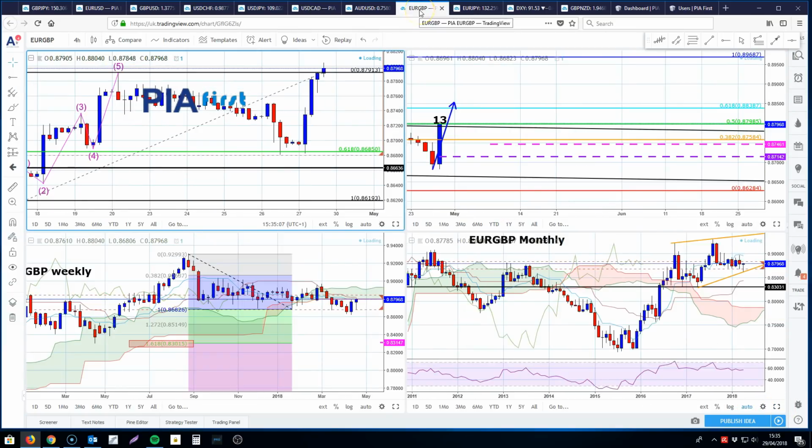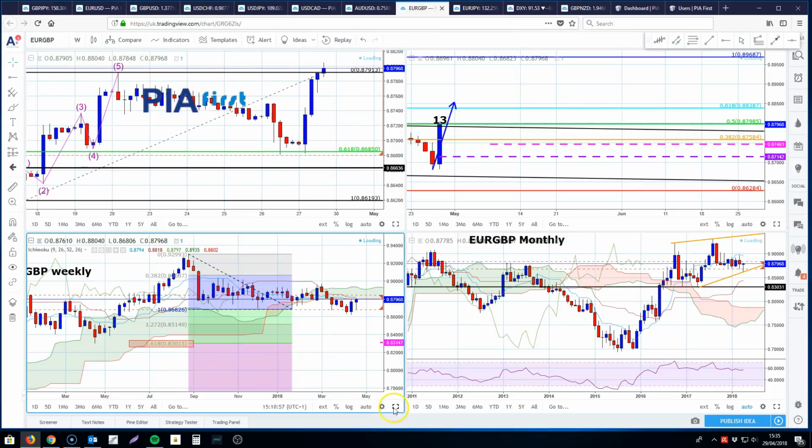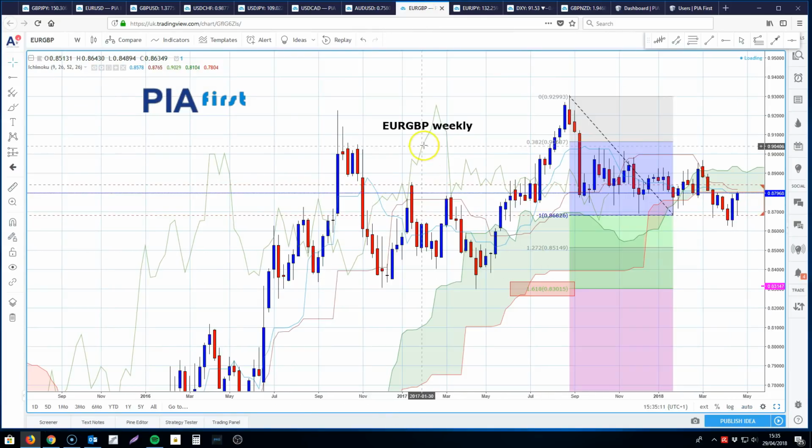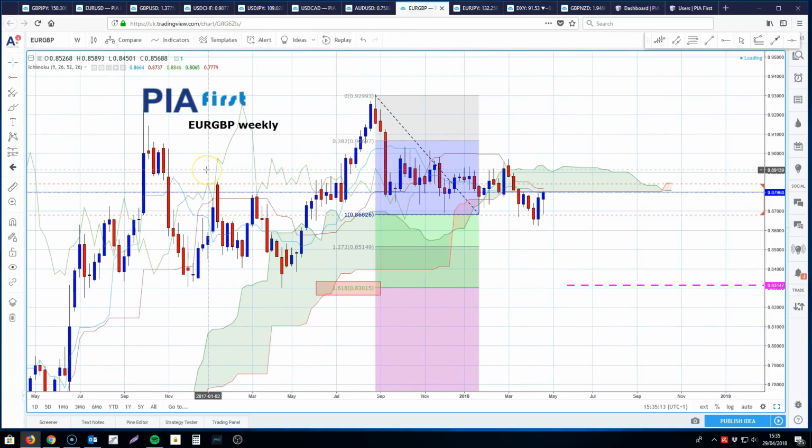Euro sterling, just going to go to the weekly chart, because this is the most interesting, if you like, of all the time frames. Here we've got the 161.8% extension level at 83.01, okay, and that is from this first wave.